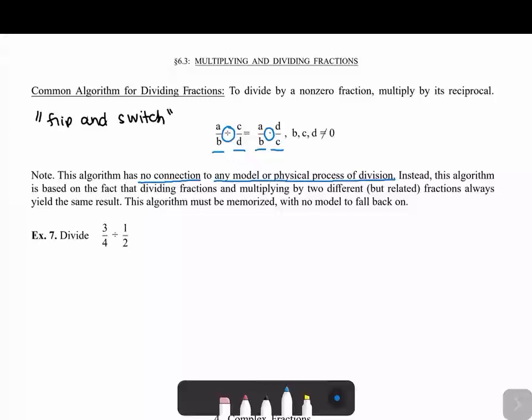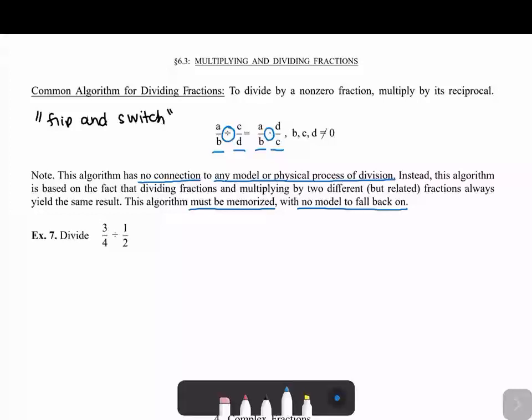It's the last thing we're covering for division of fractions, and that's because all of the other things are showing you what's actually going on here, how we're actually grouping things and doing that repeated subtraction. So this is just based on the fact that dividing fractions, these two things happen to have the same result. And this algorithm is just something to memorize. There's no model or intuition to fall back on other than these mnemonics.